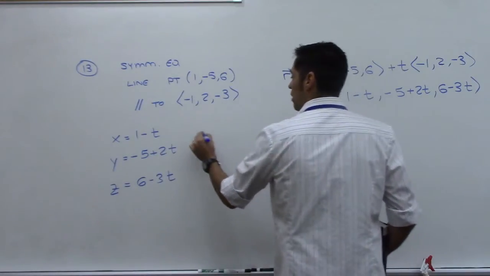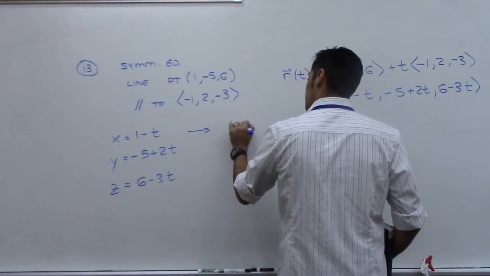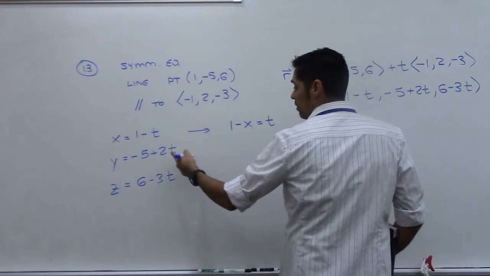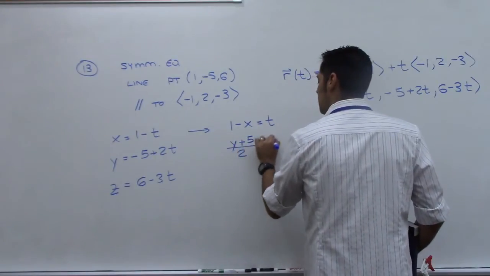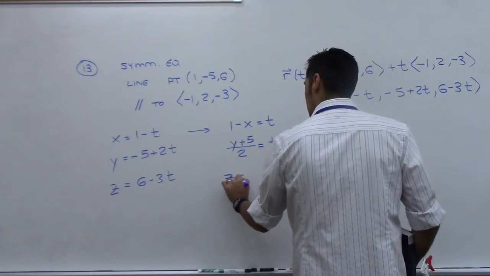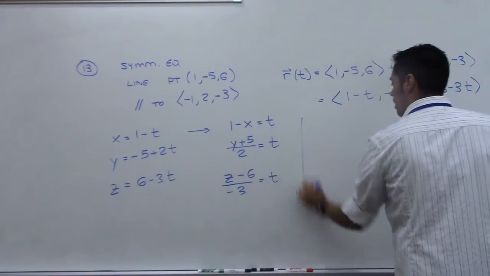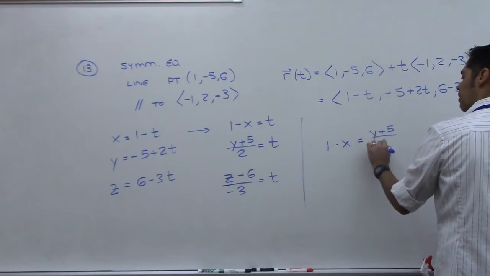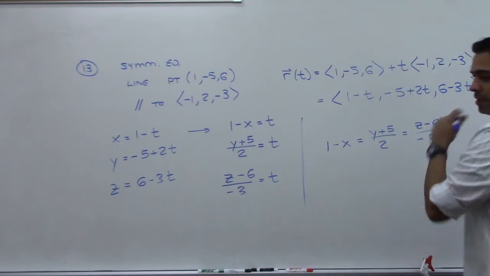And then finally, solving each of these for t, 1 minus x is t on that one. Solving this for t, you get y plus 5 over 2 is t. And on this one, you get z minus 6 over -3 is t. So the symmetric equations are 1 minus x equals y plus 5 over 2, which equals z minus 6 over -3. So that's what they wanted.